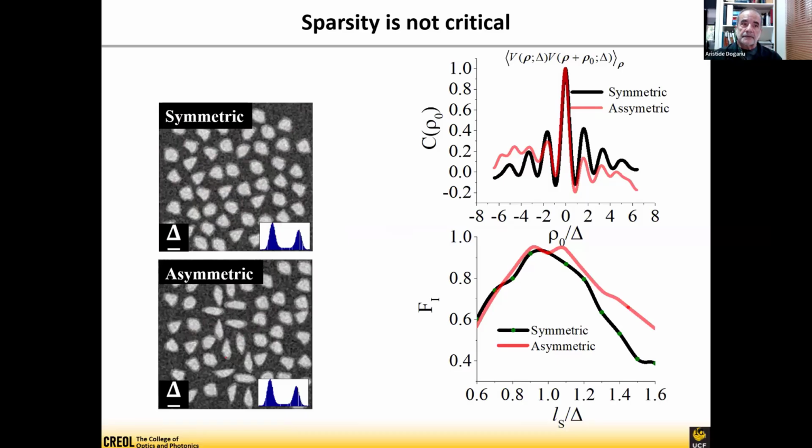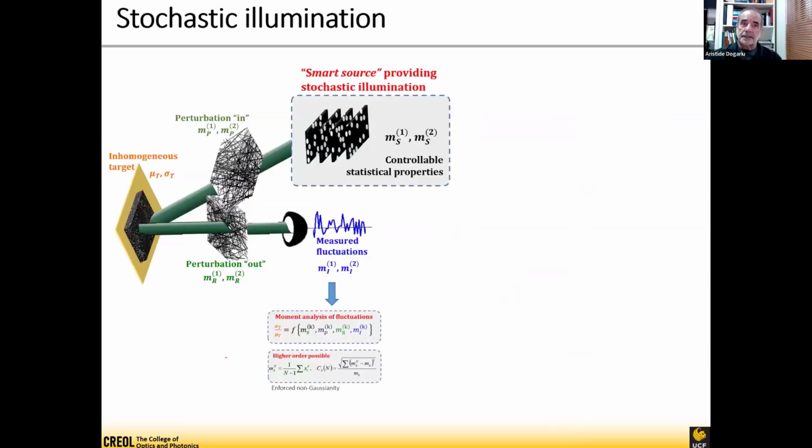This is recovered by having access to each realization of the randomness. But let's suppose that you do not have that, so you want to make it even tougher on yourself. The only thing you know is the first and the second moment of the intensity distribution of your illumination patterns. So this is a stochastic illumination in the main meaning of this stochastic process.